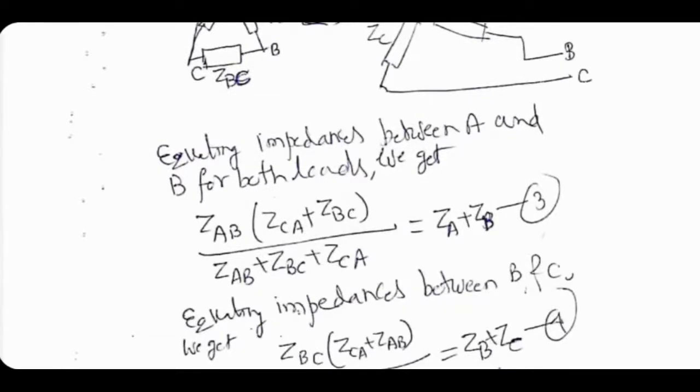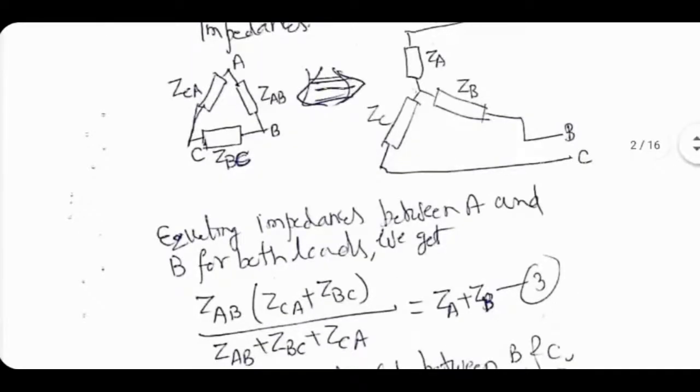That's what I'm doing, equating impedances between A and B for both loads. In delta load, I have got ZAB in parallel with ZCA plus ZBC.